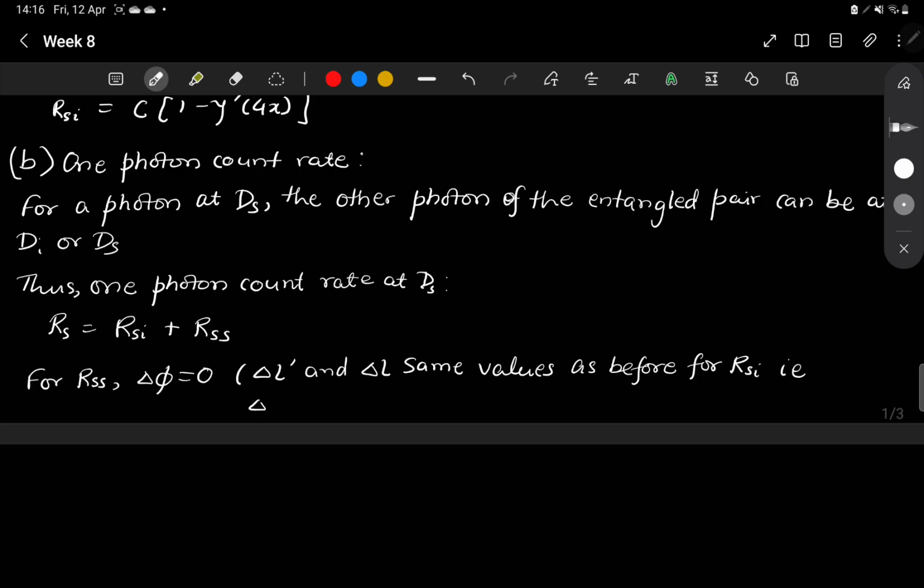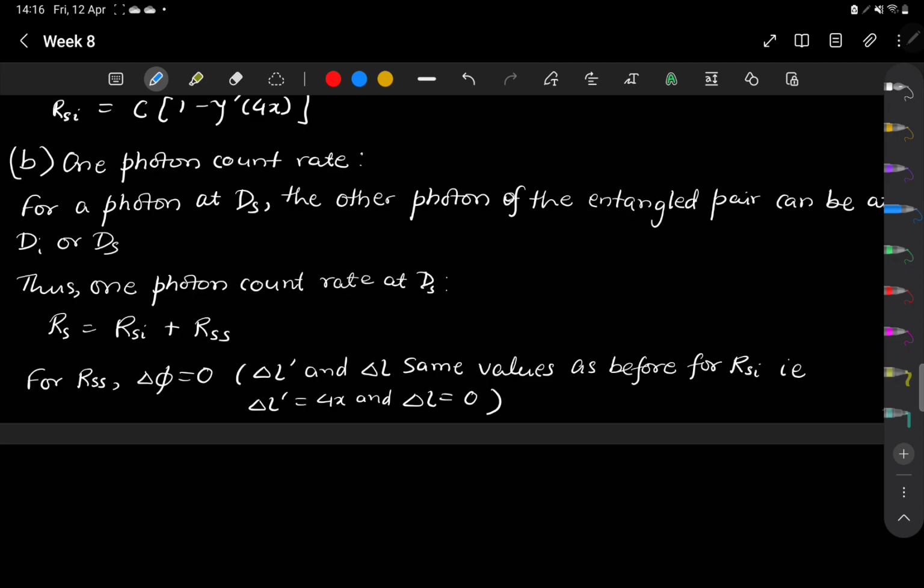This would mean that delta L prime equals 4x and delta L equals 0. And why is this the case? Delta phi is 0 because both photons are going to the same detector, so there is no phase difference.